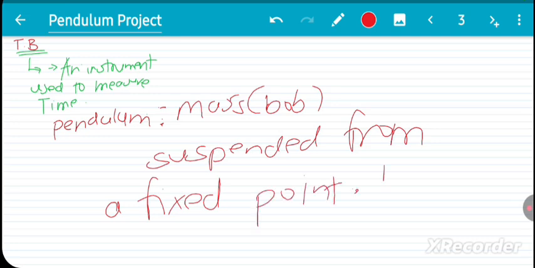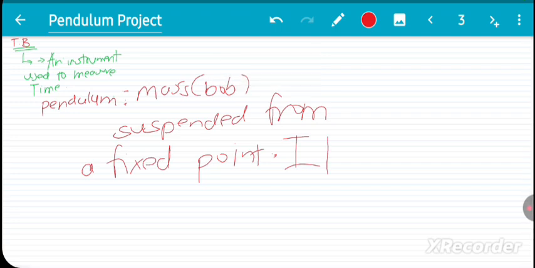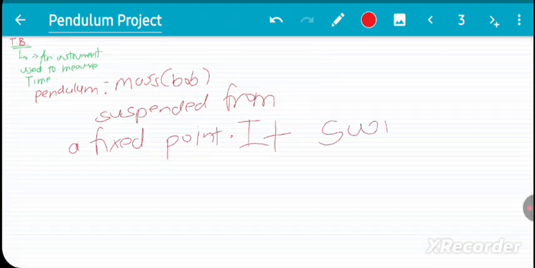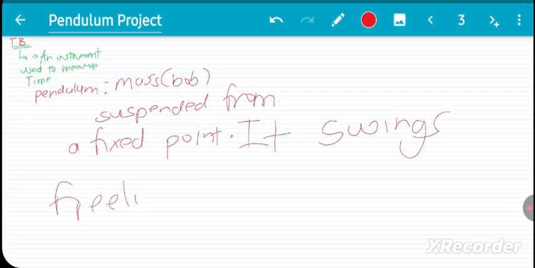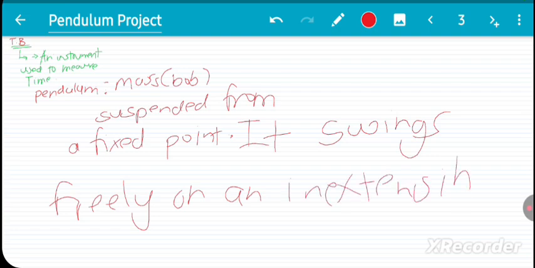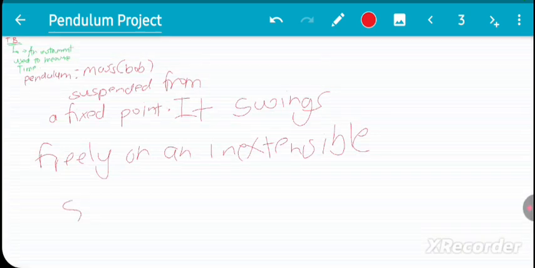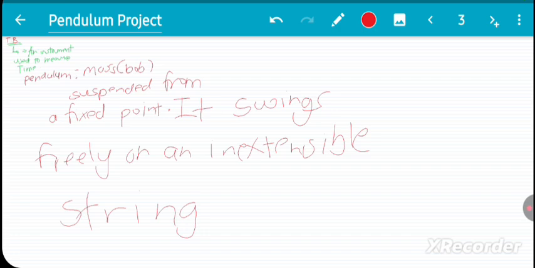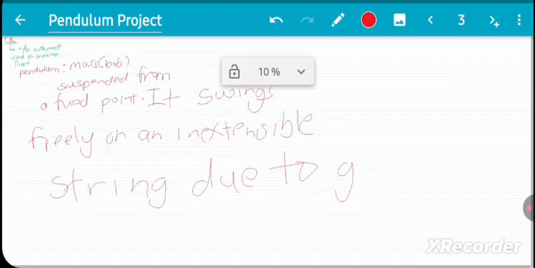We then go on to say it swings freely. This is the important part. It swings freely on an inextensible string due to gravity.